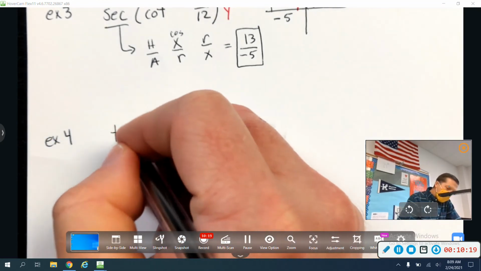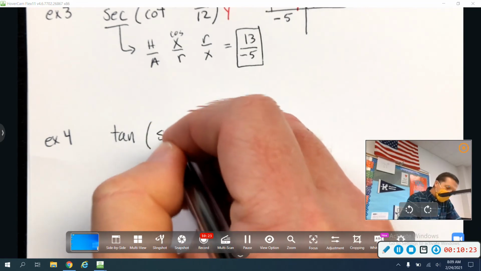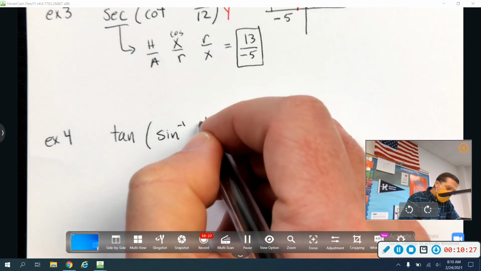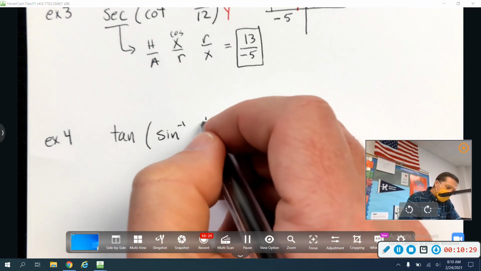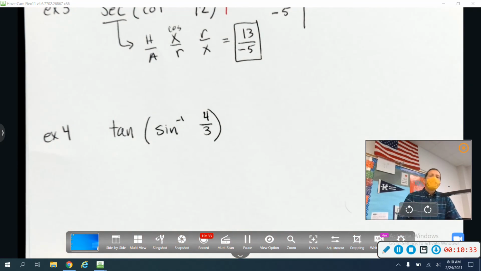Speaking of throwing you curveballs, tangent of the inverse sine of 4/3. Tangent of the inverse sine of 4/3. Why don't you see if you can do that one?